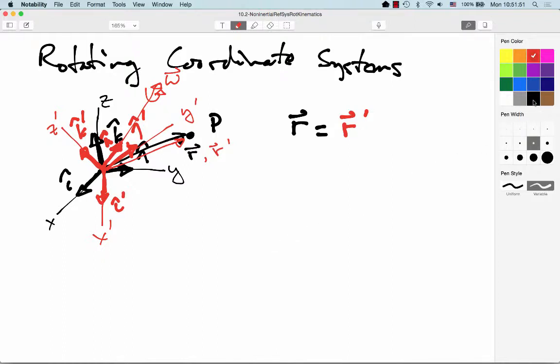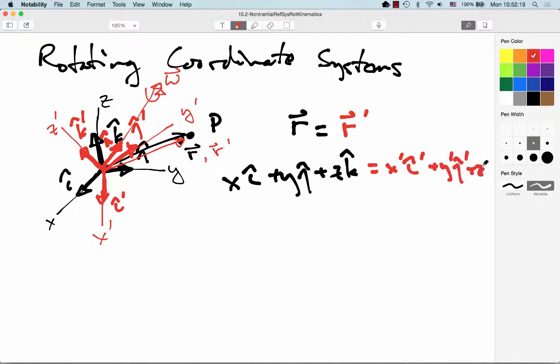Now, they will disagree in how they represent it, but they will agree that the vectors are the same. So the unprimed observer will write it as x i hat plus y j hat plus z k hat, and by the same token, the primed observer would say it's x prime i hat prime plus y prime j hat prime plus z prime k hat prime.